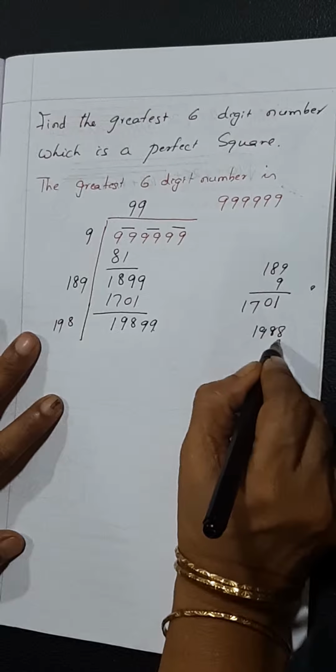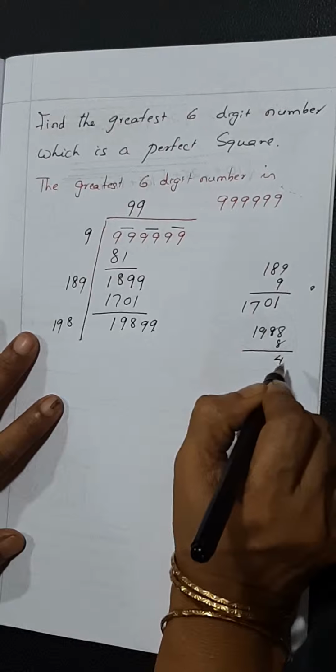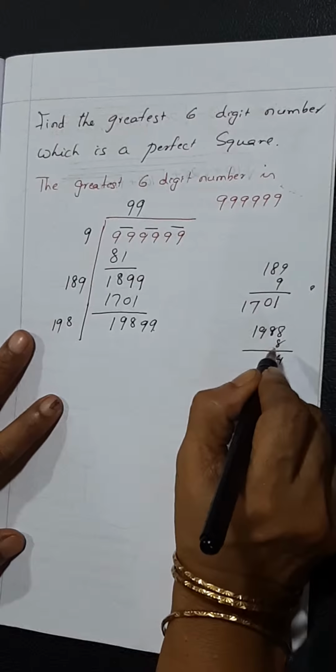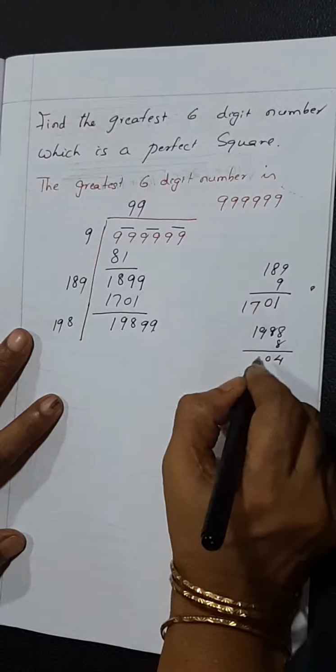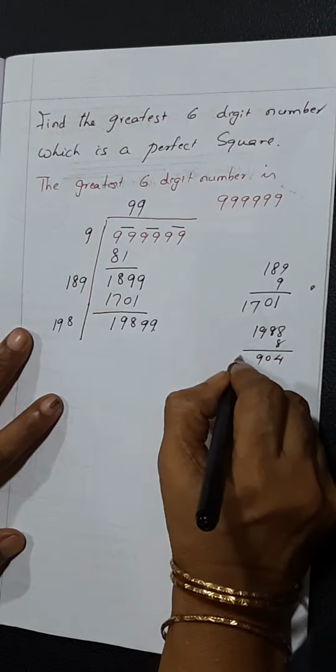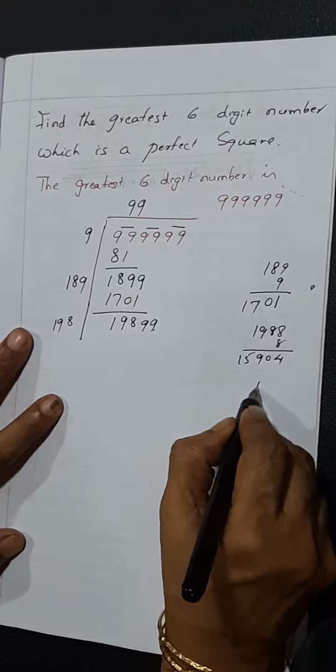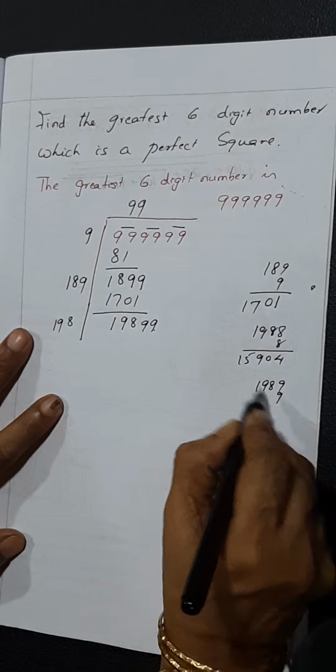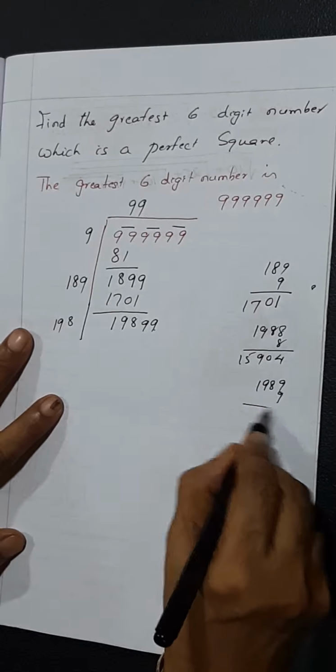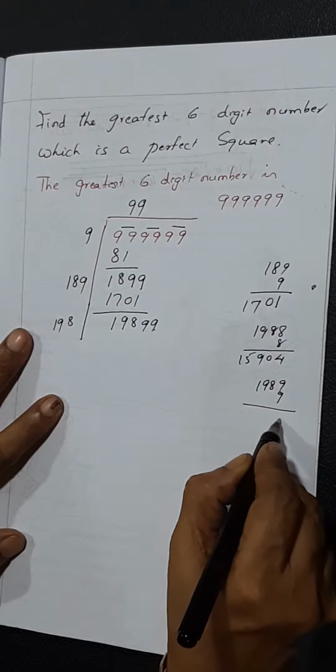So we'll try with 8. So we can try out with 9, because it is 15904, we will try out with 9 and see what's the answer.